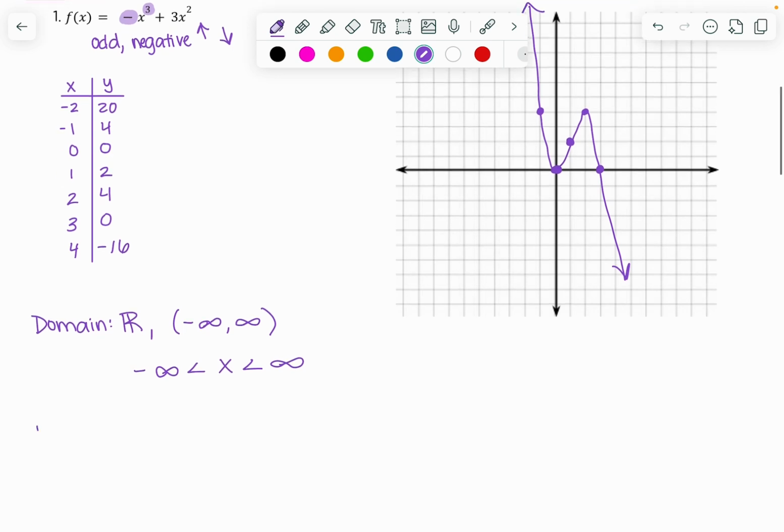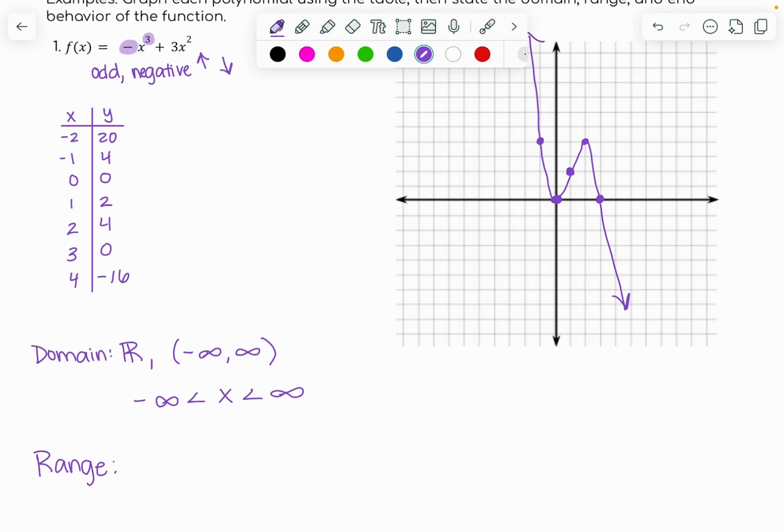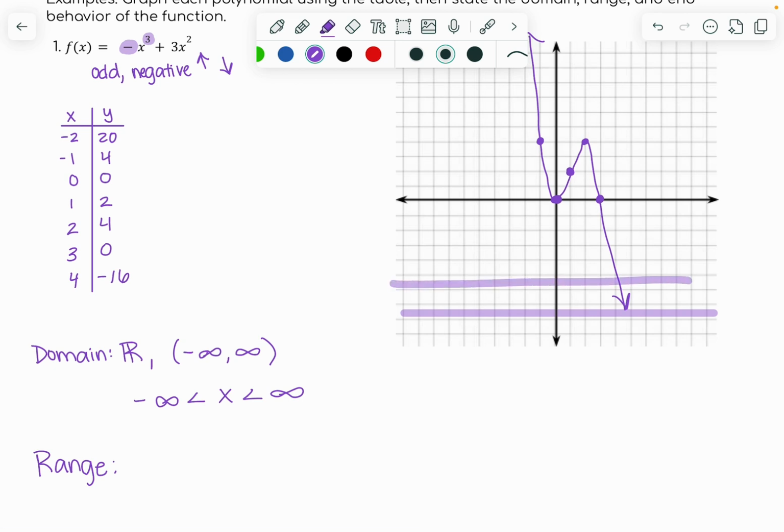Now, when we talk about the range, you maybe have heard of the pencil test. So this is where you take a pencil like this, let's say, and we're going to run it all the way up this graph.